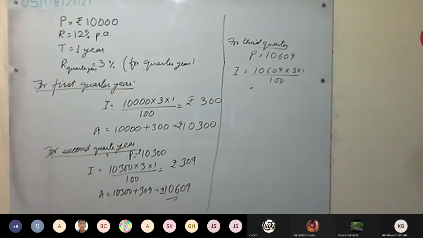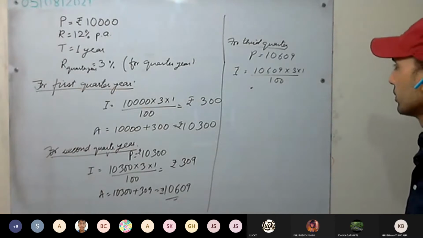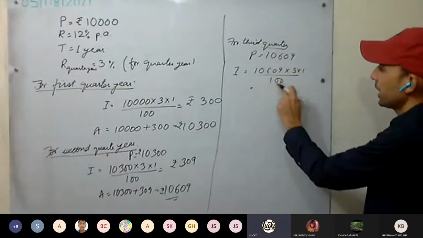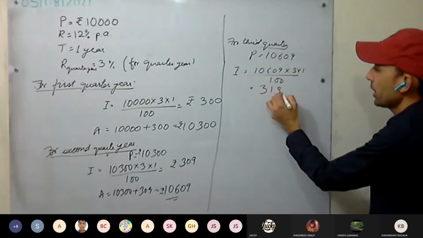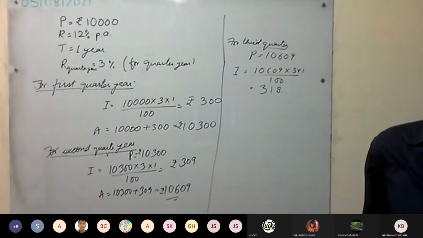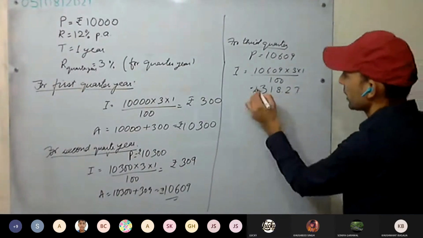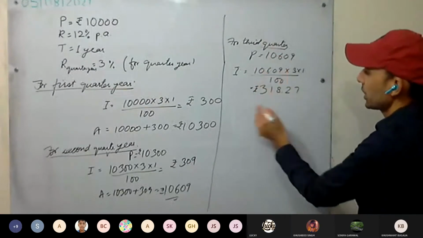Everyone calculate it. So first multiply them. Then 318.27 rupees. Okay. This is the interest for the third quarter.